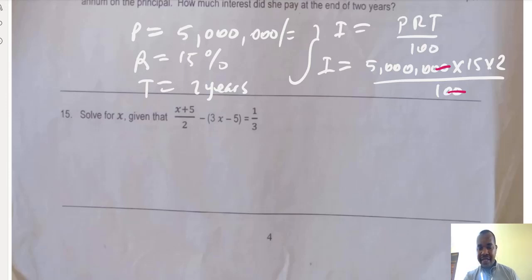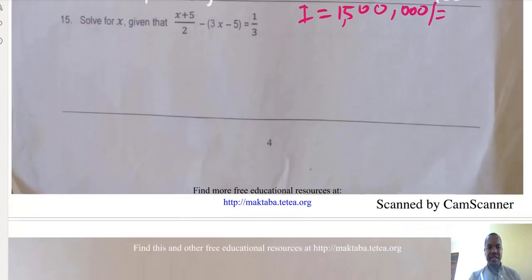So you have 30 times 5, you get 150. Then how many zeros? We have 4 zeros remaining. So actually interest will be 1,500,000 shillings. This is the interest.